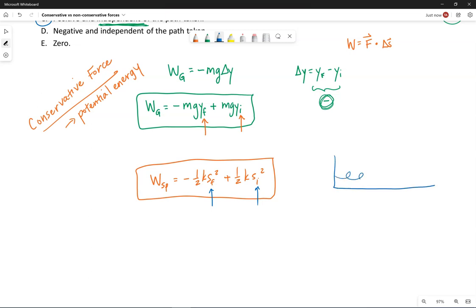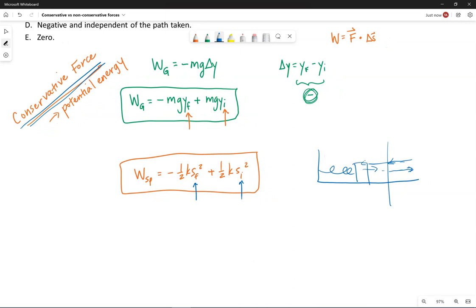If I have a mass on a spring and I watch this mass move to the right and then come back, the negative work as the spring slows the mass down cancels out with the positive work the spring does as it speeds the mass up. So overall, the work done by a spring is dependent only on initial and final stretching and compressing. Springs are considered conservative forces as well. So we will talk about potential energy of a spring.